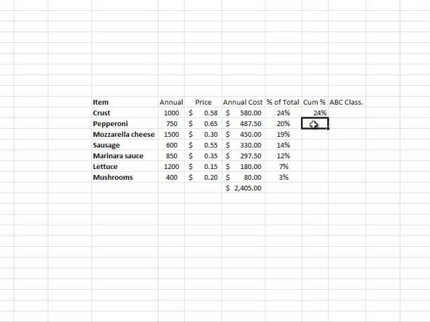Now, for the first 2 items, the crust and the pepperoni, I need to add together the percentage of each one. I can put in a formula that will calculate it.